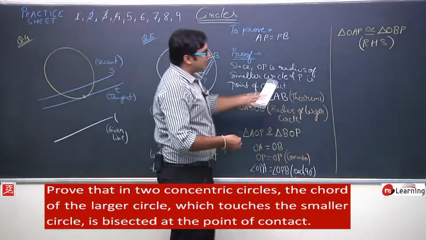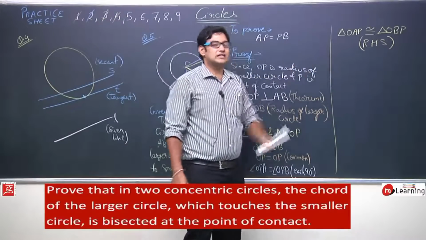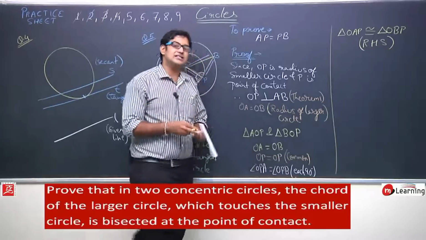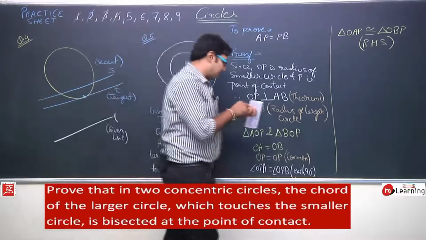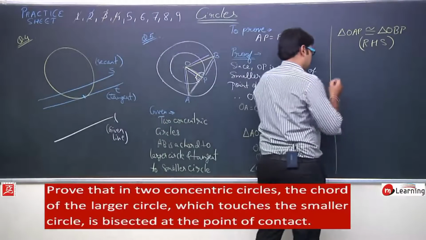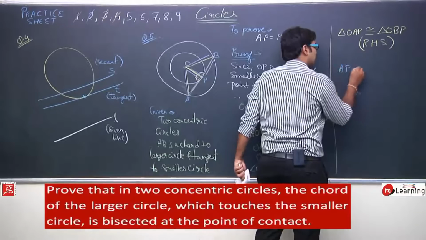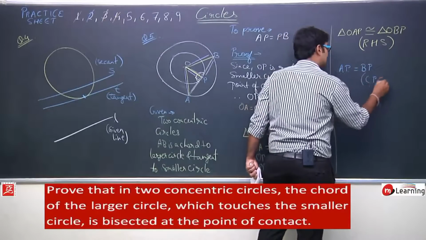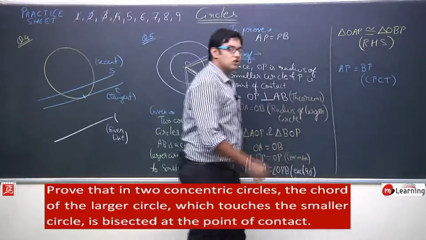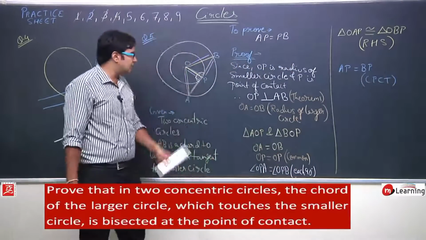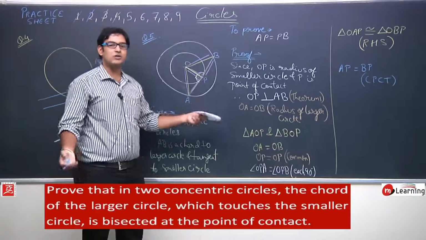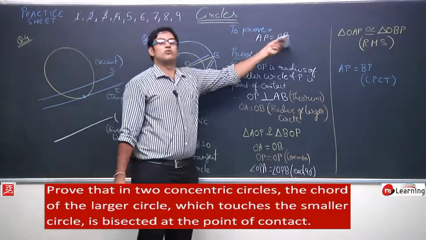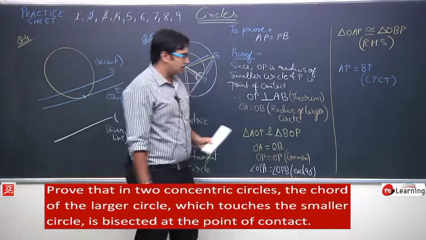So by the RHS criterion, both triangles are congruent. Now since the triangles are congruent, AP is equal to BP because of CPCT, corresponding parts of congruent triangles. So AP and PB are equal. This is what we have to prove.